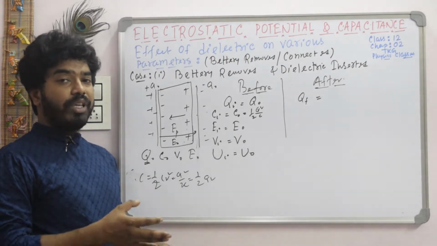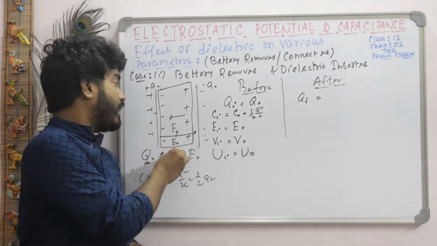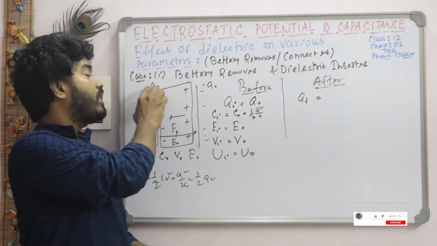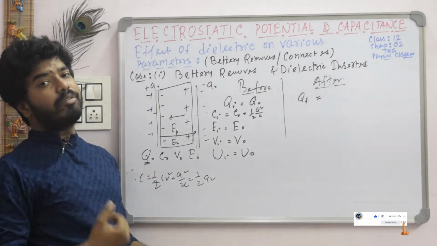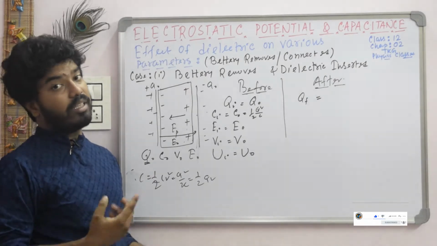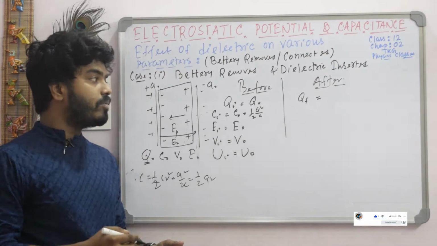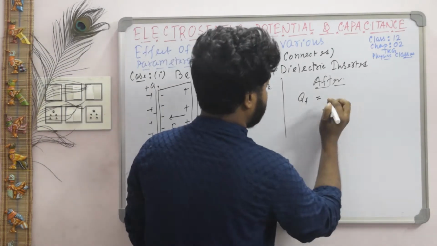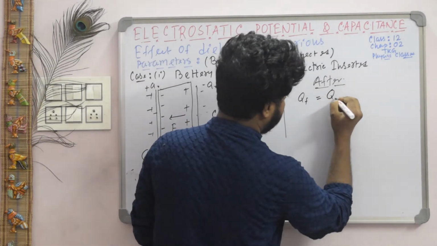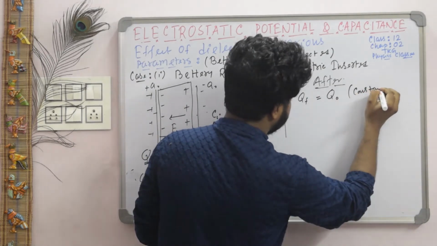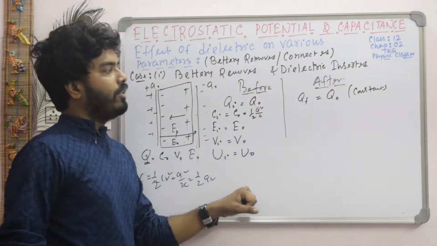Why? Because by supplying potential, charge was already developed here. So this amount of charge remains constant after removing the potential, after removing the battery. So the final charge remains constant, first point.